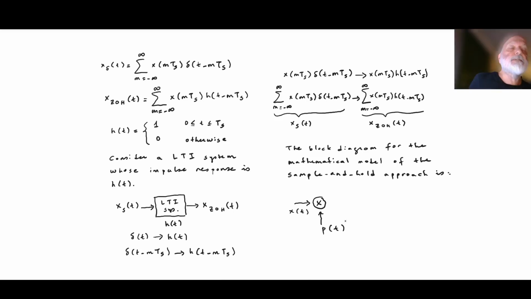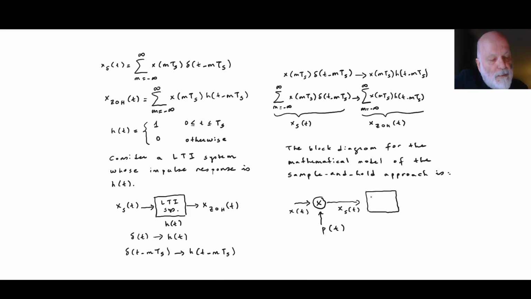In fact, we are not doing this in reality. This is only the mathematical model because we want to use the theory we have developed for sampling by the impulse train, and then we obtain xs of t, and this xs of t is fed as the input signal to our LTI system with impulse response h of t, and the output is x sub ZOH of t.